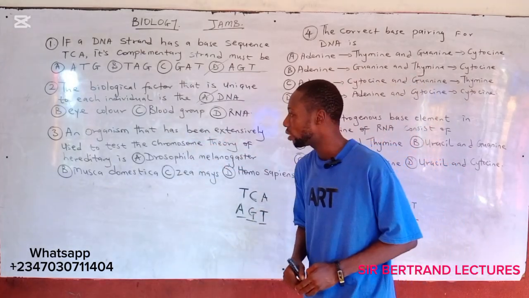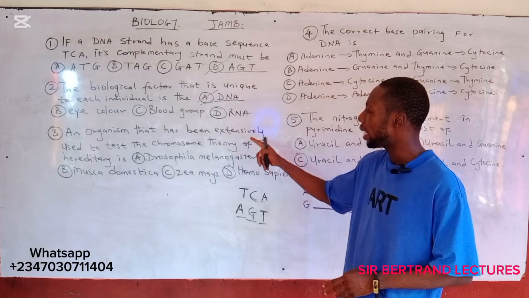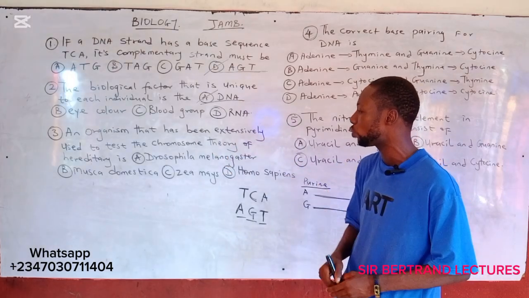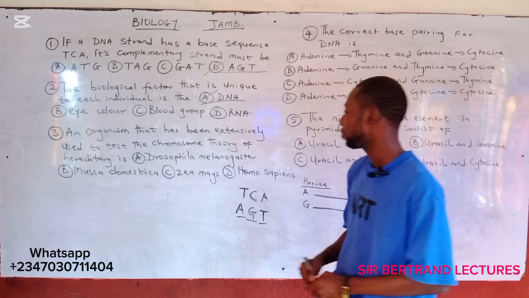Question number 3. An organism that has been extensively used to test the chromosome theory of heredity is the fruit fly.